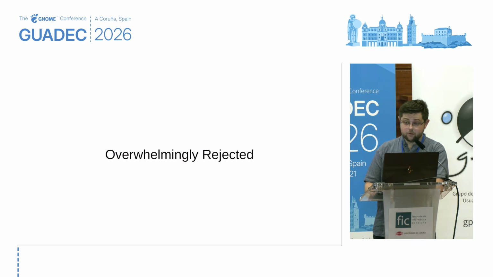But the second API was overwhelmingly rejected by the maintainers of GTK, by the libadwaita maintainers. And the bit of feedback I got was that async signals is not something people are interested in, which, fair enough.